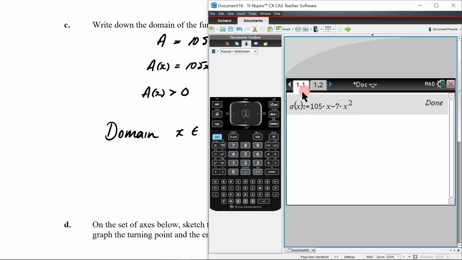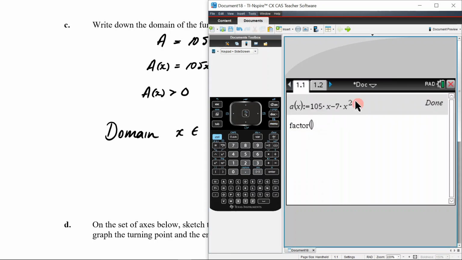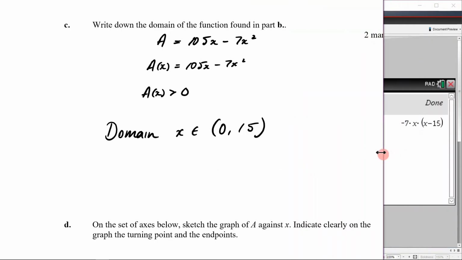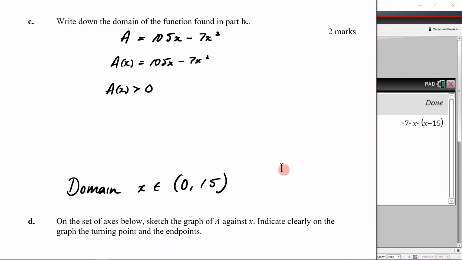What you could do is factorize this. And by factorizing it, we're going to clearly see what our x-intercepts would be. To do that, you just go menu, algebra, and you're going to see that factor option. Then you can just chuck in A of x like that, and you're going to get this out right here. Let me just put this over here and move this down a bit. We're just providing maximal working to ensure we're getting the full marks here.